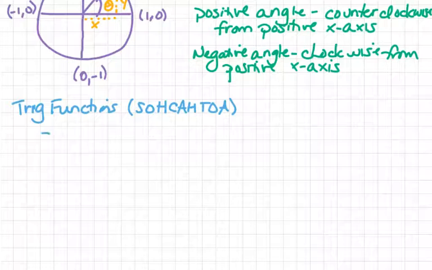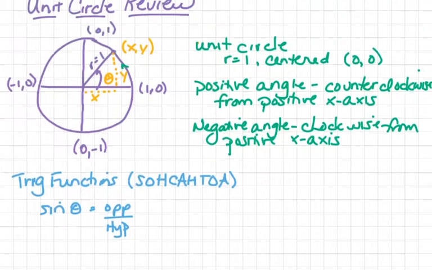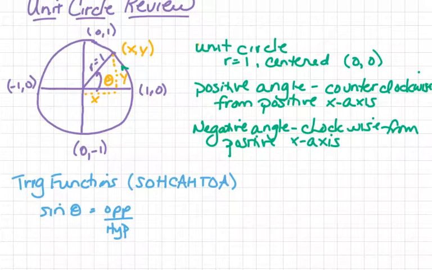So the sine of the angle theta that's drawn on the unit circle is defined by the opposite side over the hypotenuse, which in terms of the graph that I've drawn is simply y over r.